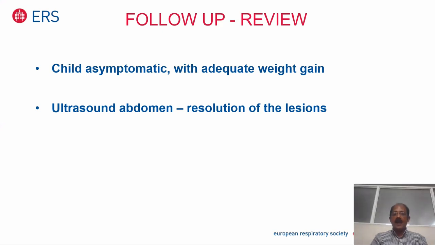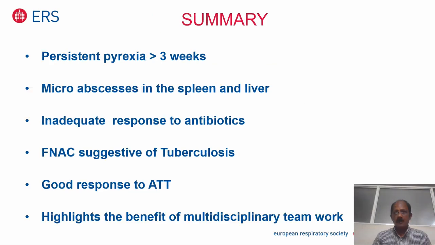She is currently well and is in year 1 at school. So to summarize, we had a 2-year-old with persistent fever with microabscesses in the liver and spleen, FNAC from splenic aspirate suggestive of TB, good response to anti-TB medication, resulting in the final diagnosis of abdominal micronodular hepatosplenic TB, which is rare in a 2-year-old.